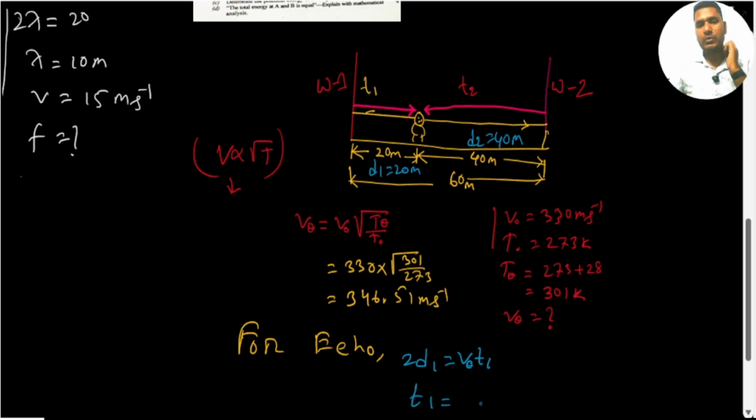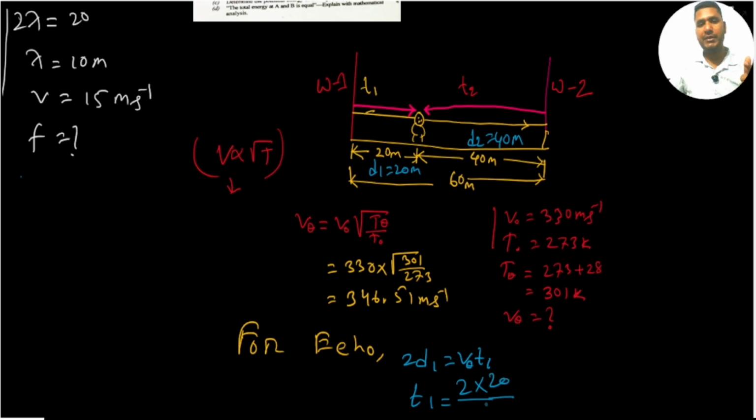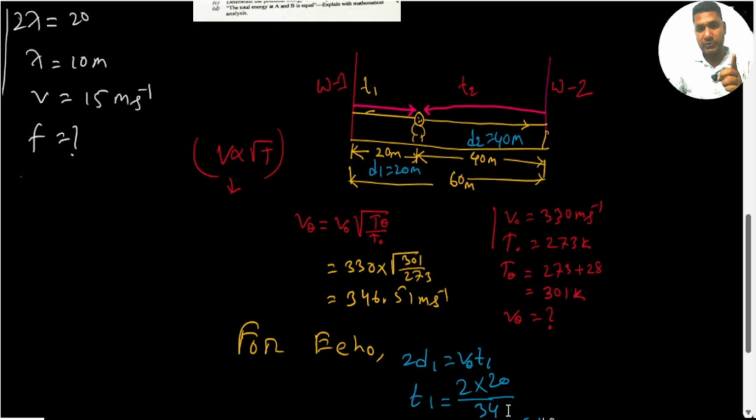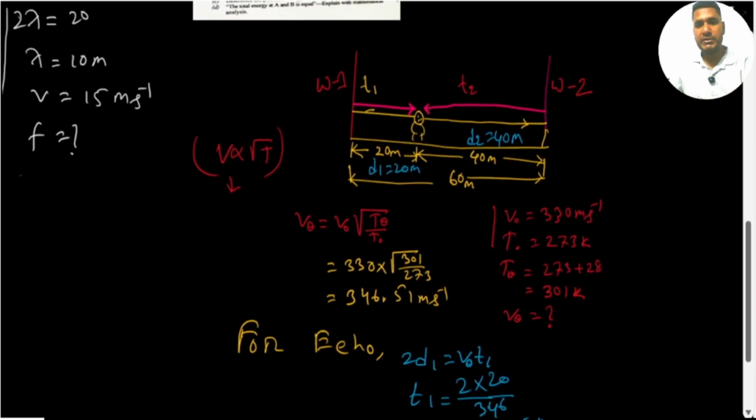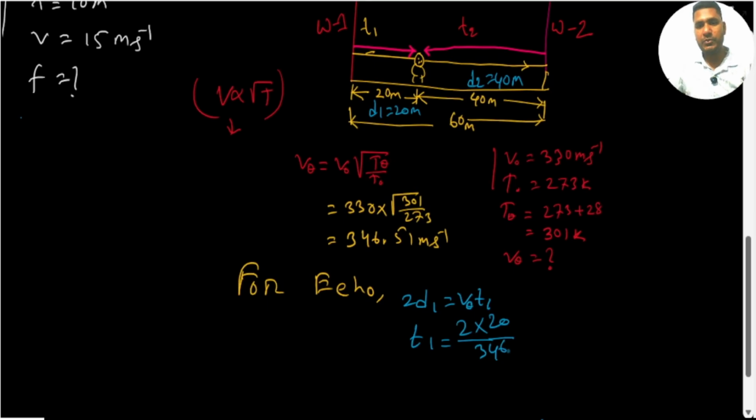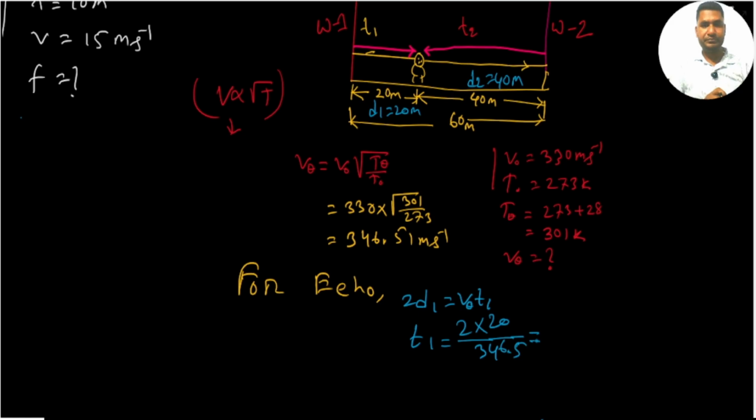So T1 equals 2 into D1, where D1 is 20 meter, divided by V theta, which is 346.51. That is 40 divided by 346.51, and the value will be 0.1154 second. This is the value of T1.